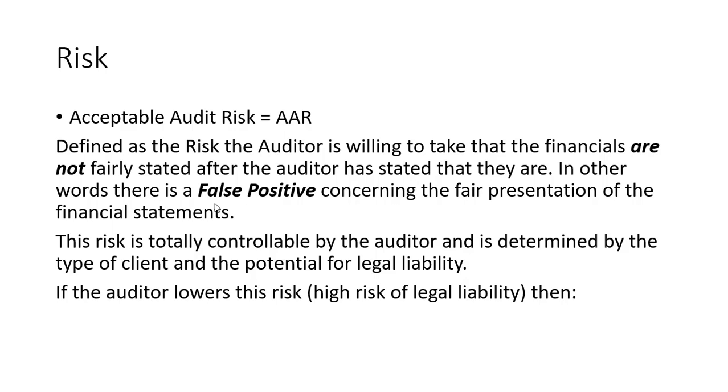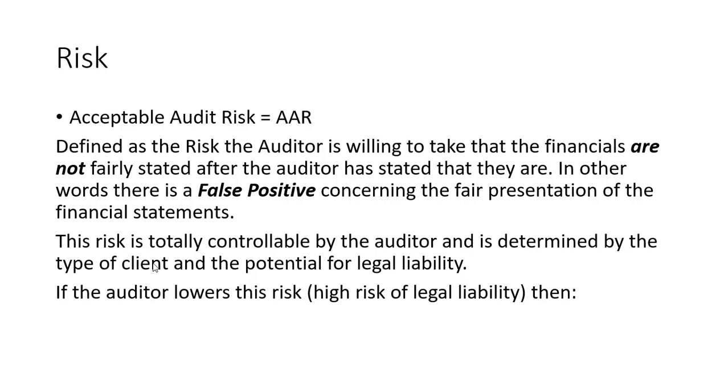In other words, there is a false positive concerning the fair presentation of the financial statements. False positive meaning, I've done my work, I've given an opinion that the financial statements are presented fairly, and in fact they aren't. This risk, on the other hand, is totally controllable by the auditor and is determined by the type of client and the potential for legal liability.